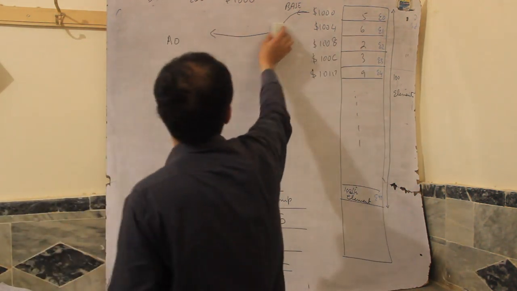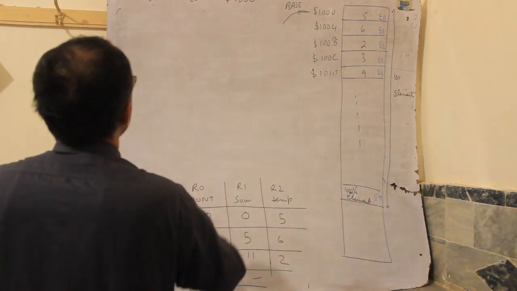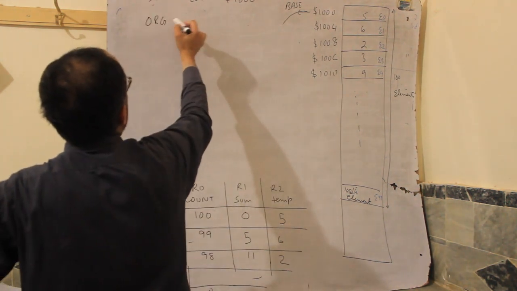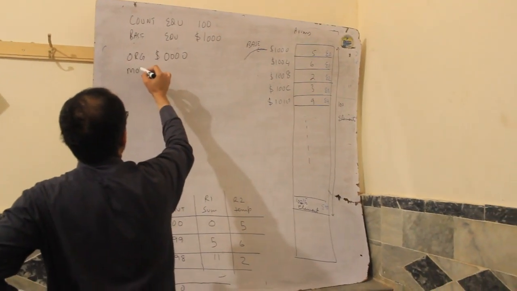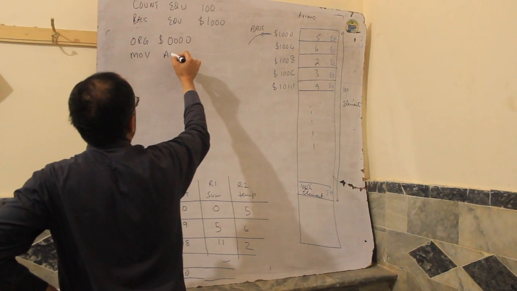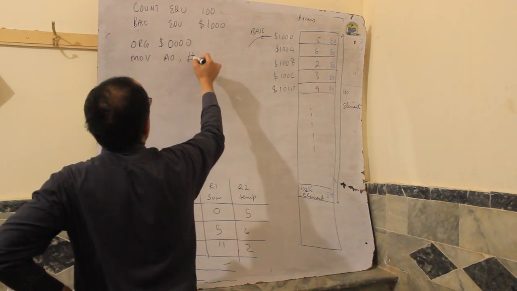So how can we do it like this? We can start the program with org $00000. Now we can move this value, move A0, hash.